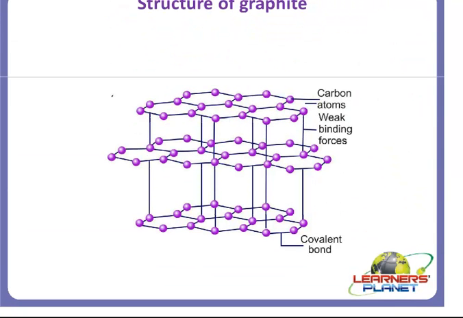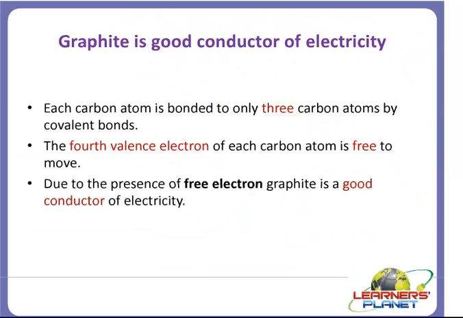Right? Now let's see one more important property, that is graphite is a good conductor of electricity. I have told you this. Each carbon atom is bonded to only 3 carbon atoms. Right? By what type of bonds? By covalent bonds.